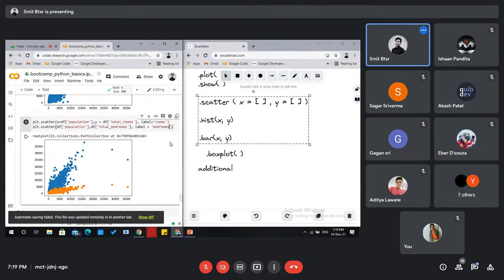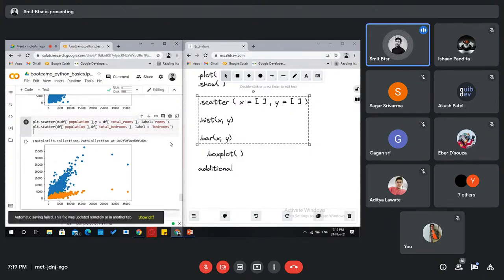If you remember, in graphs we specify some details in a small box. We refer to it as the legend, which shows some more detail about the graph. So we can use that legend. We don't have to specify anything. It automatically reads the labels, and most of the time they are used together.